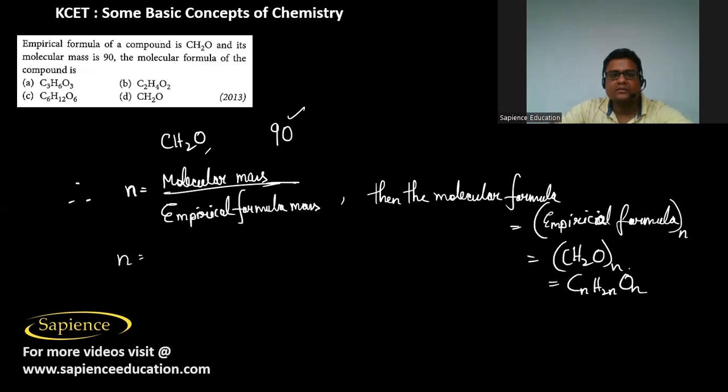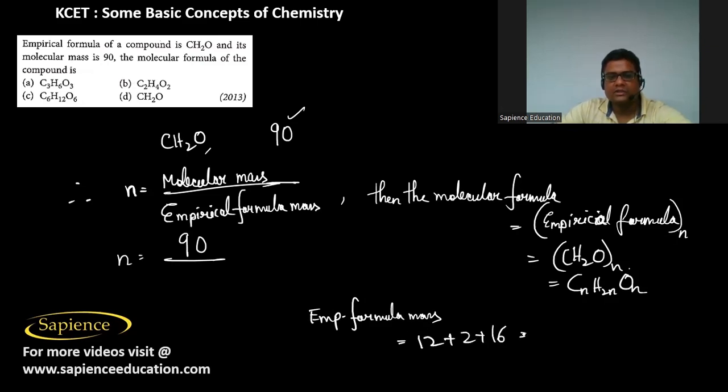N is equal to the molecular mass that is given, that is 90, divided by empirical formula mass. Now the empirical formula mass will be given as simply the mass of CH2O we have to find. So that will be 12 plus 2 plus for oxygen, that is 16.